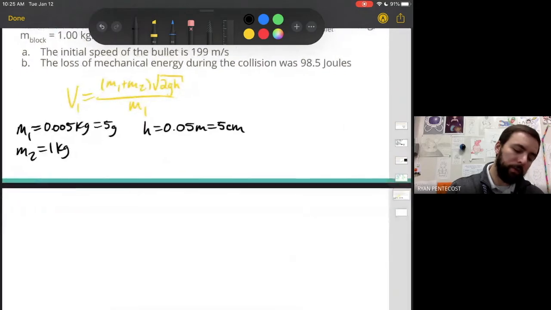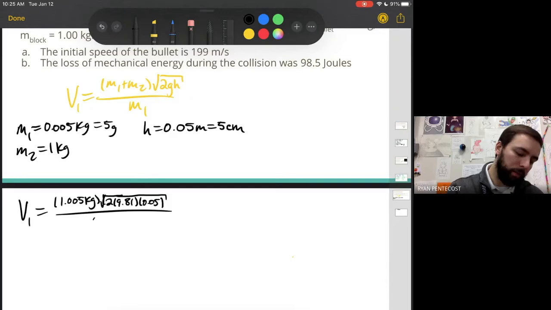Let's see what the initial speed of this bullet would be. We've got velocity is the masses added together, so 1.005 kilograms times the square root of 2 times 9.81 times 0.05, because remember that's a height of 5 centimeters, divided by the mass of the bullet, 0.005.